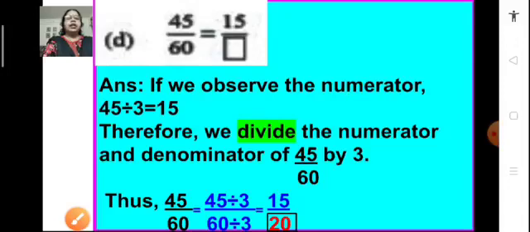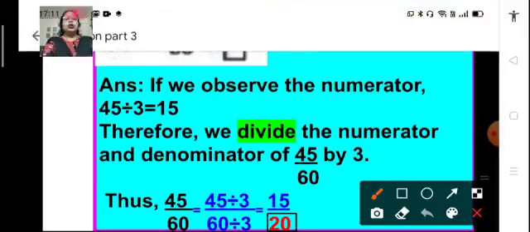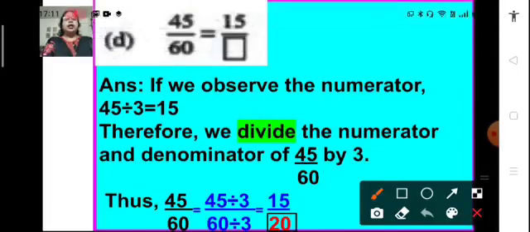Next problem, D, 45 upon 60 is equal to 15 upon dash. So if we look at the numerator, we can see that we get the numerator 15 by dividing 45 by 3, isn't it? So we have to divide both the numerator and the denominator of the fraction by 3.